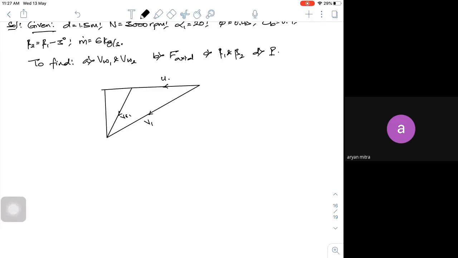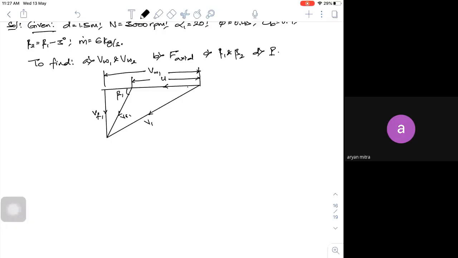This is my VF1, and this is my VW1. This will be beta 1, then U, and this will be alpha 1. This is my inlet velocity triangle.